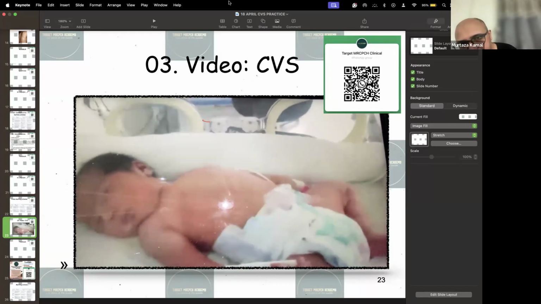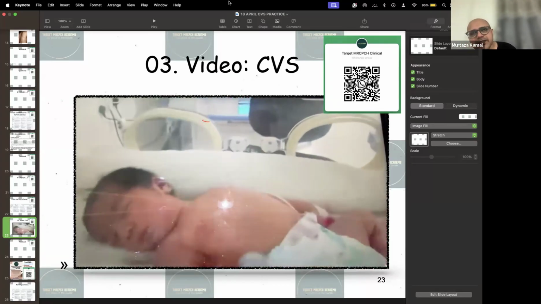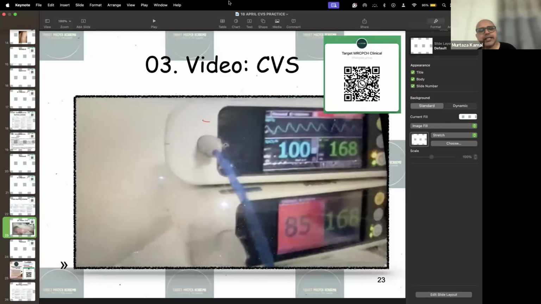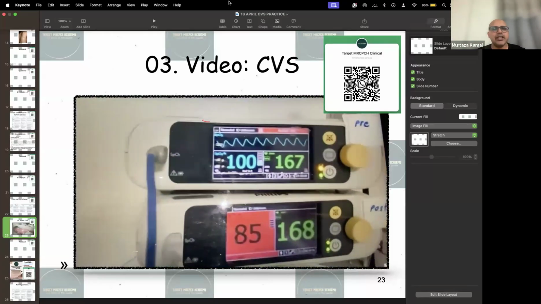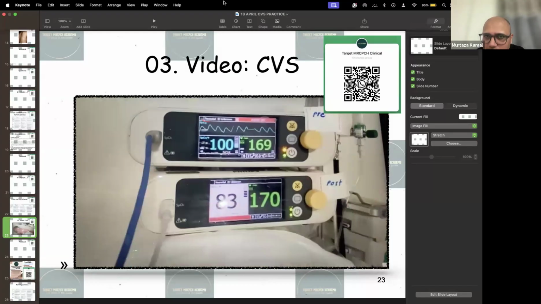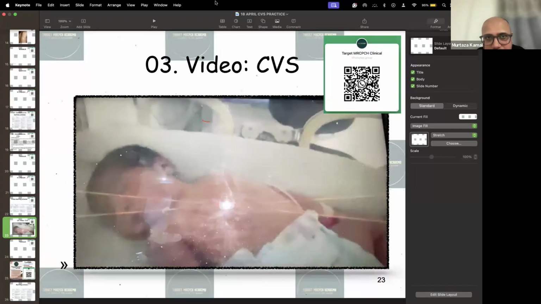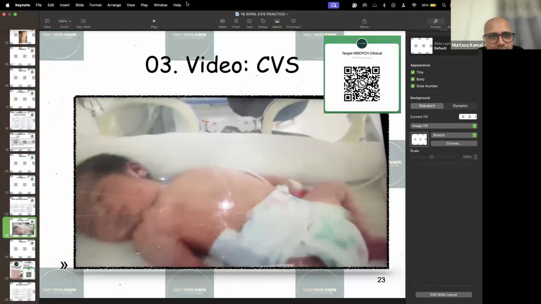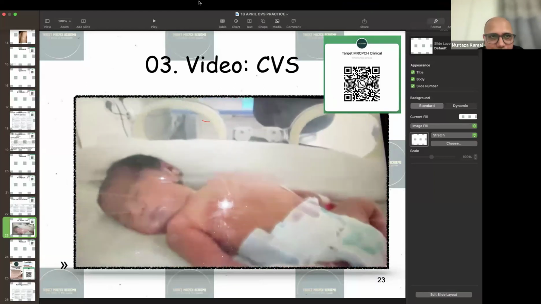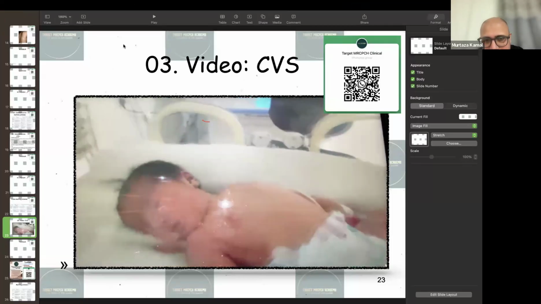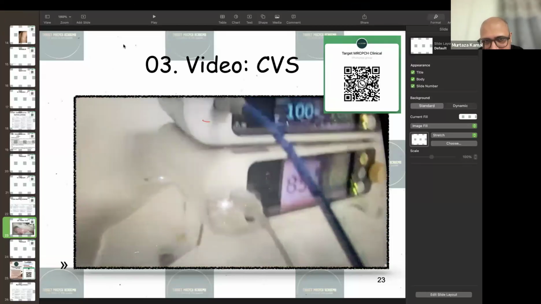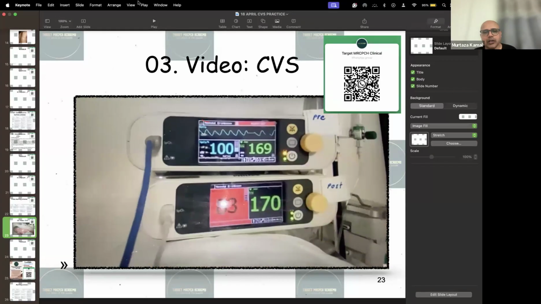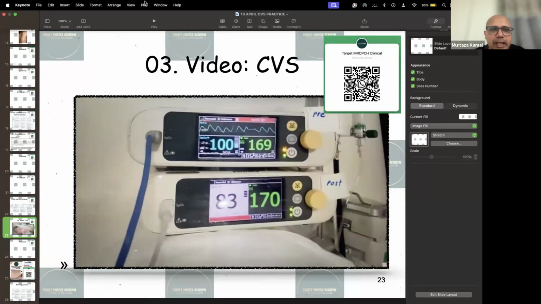There are a few cyanotic heart diseases in which the saturation is between 85 to 93%. Clinically, you cannot pick up cyanosis in those cases. Examples are truncus arteriosus and TAPVC. They are not very cyanosed because they have a good pulmonary blood flow. So the saturation ranges between 85 to 93%, and you will have to take the help of pulse oximetry to classify them as cyanotic heart disease.